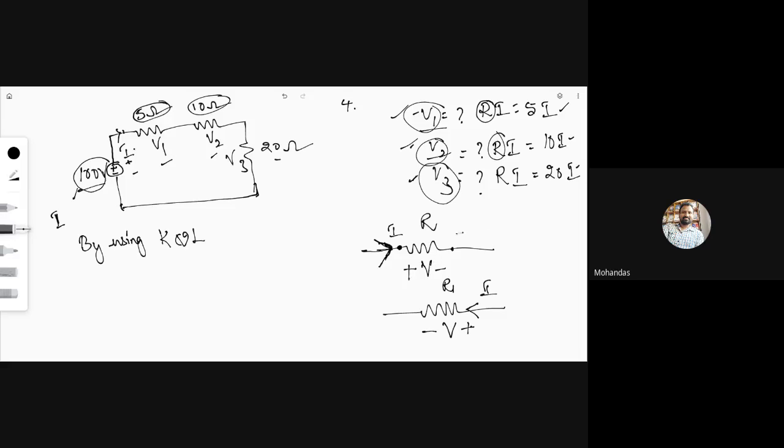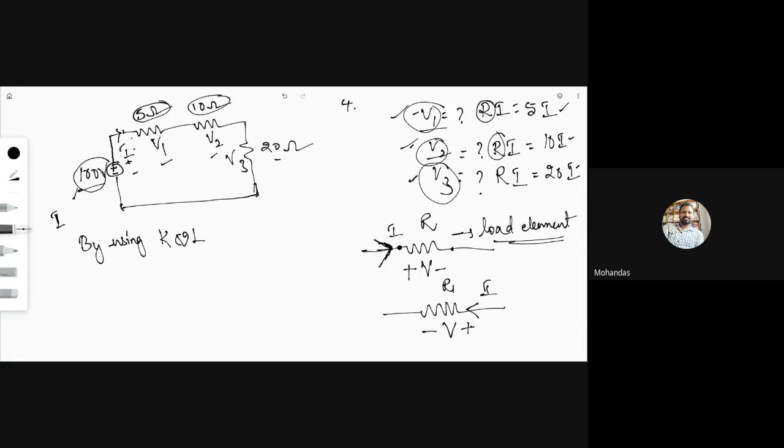We should give them, as this is a load element. We will discuss what load element and source element are later; for the time being, understand that this is a load element. This is voltage V1 here.